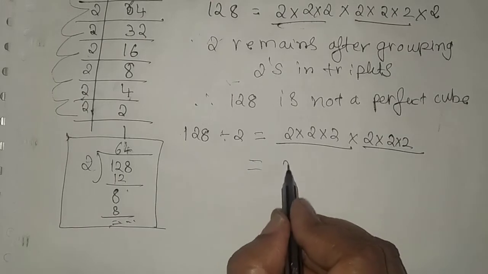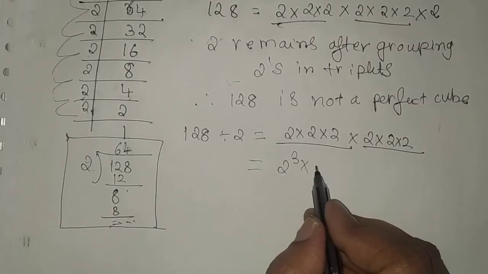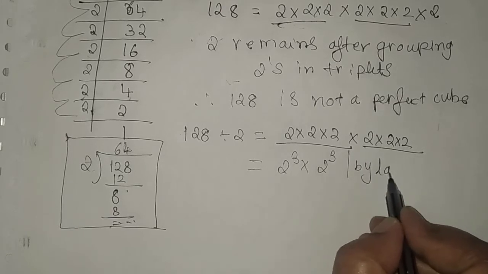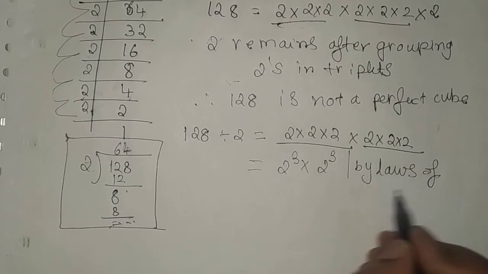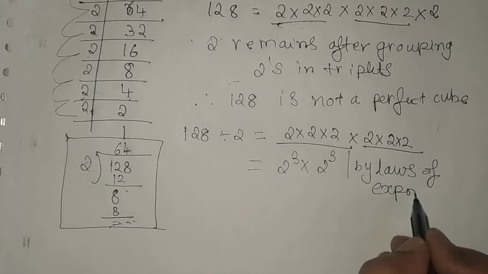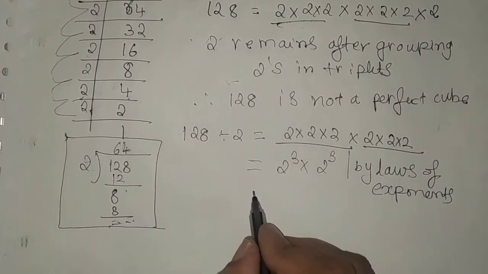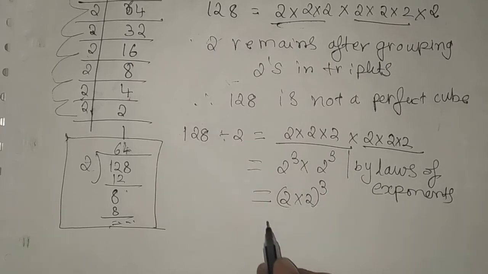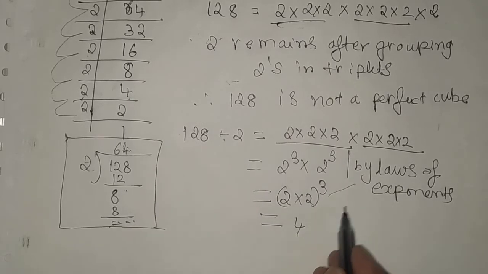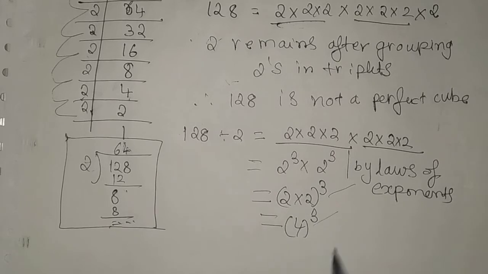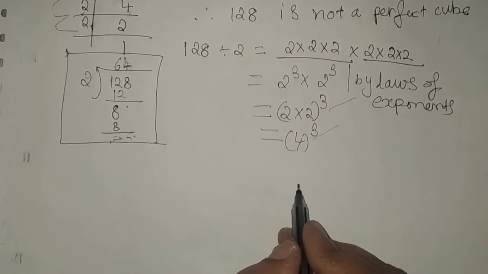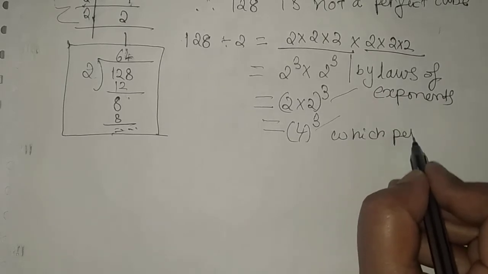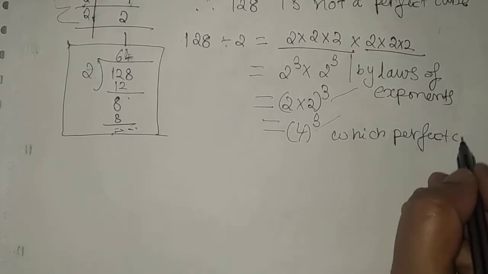Therefore we get, by laws of exponents, 2 cube into 2 cube. So we write 2 into 2 cube, which is equal to 4 cube, which is a perfect cube.